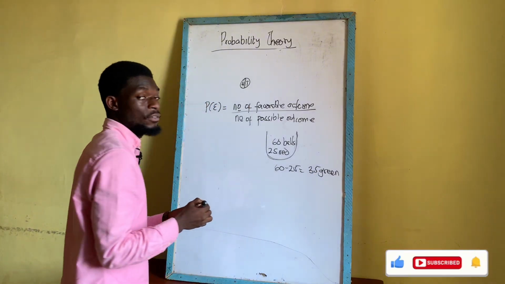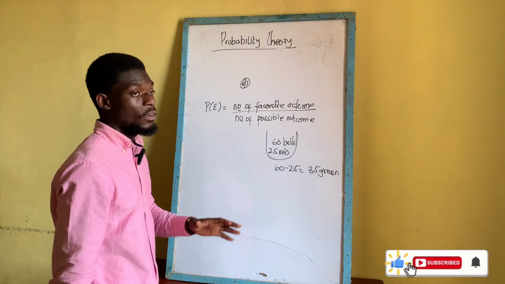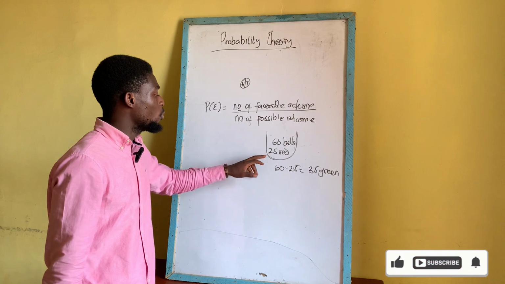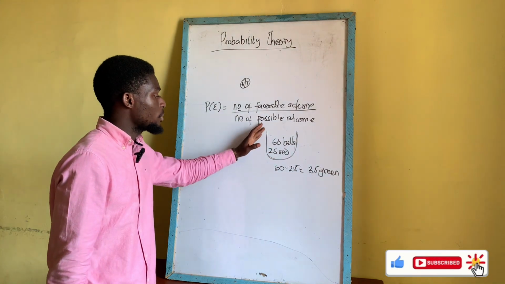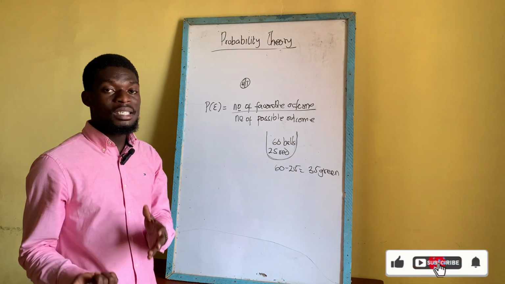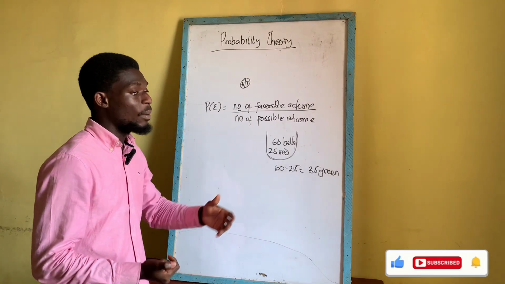So the number of green balls in this beaker will be 35. If you are asked to find the probability of picking a red ball in this beaker, it is going to be the number of favorable outcomes.